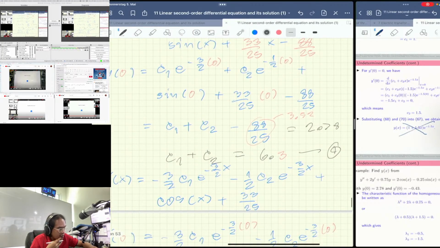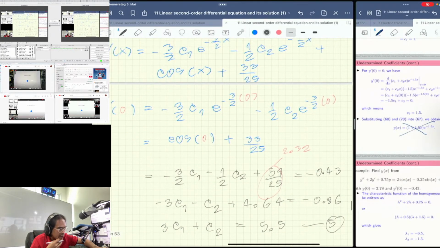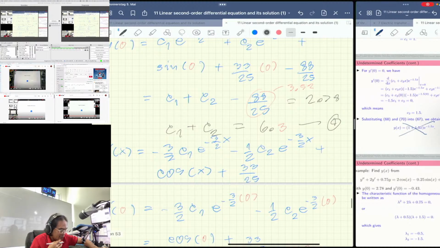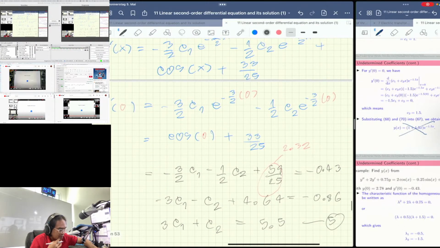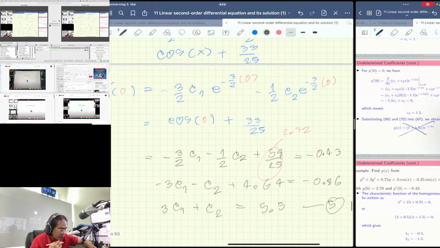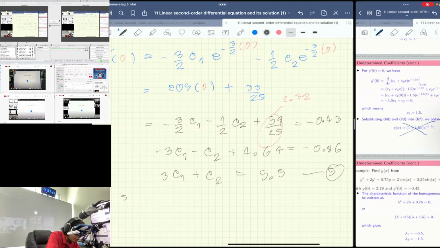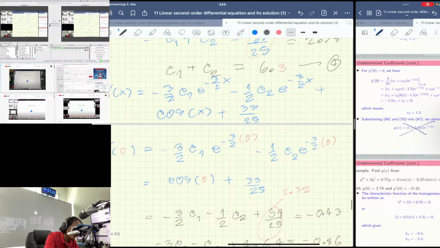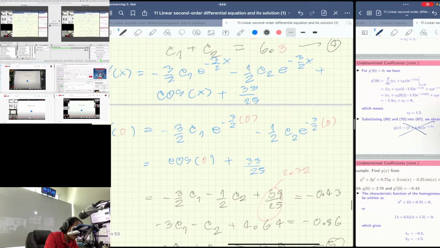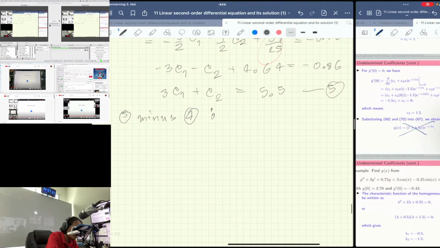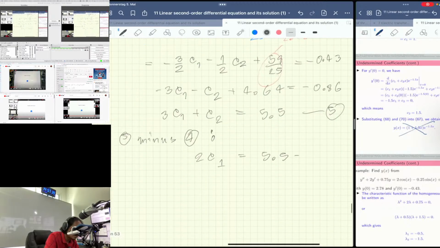Equation number 4 and equation number 5 is somehow this. And if you subtract 5 by 4, okay, 5 minus 4 will be 2C1. 5.5 minus 6.3.